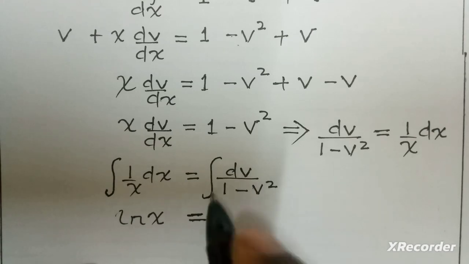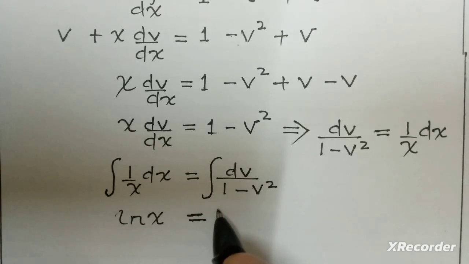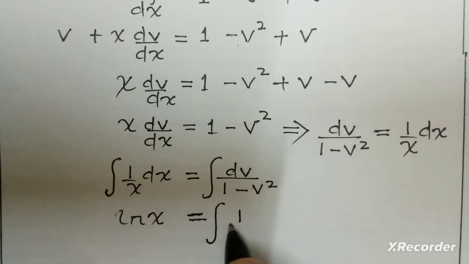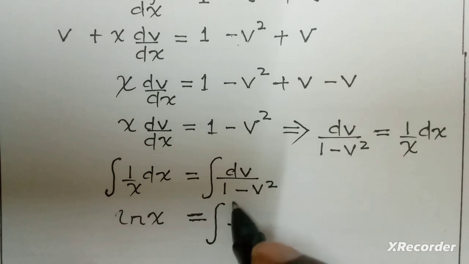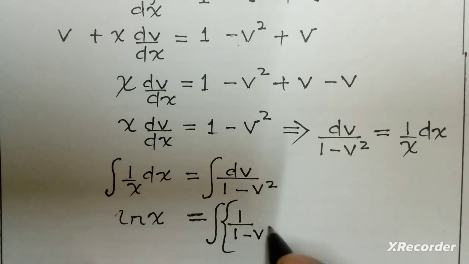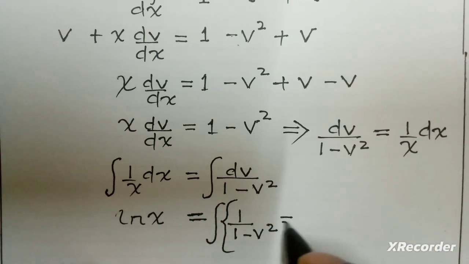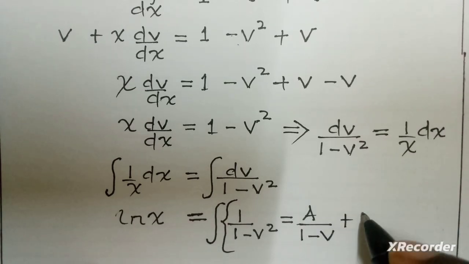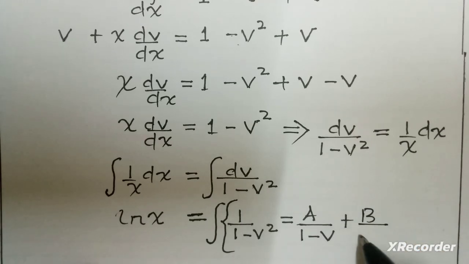Leaving out first, maybe you can put the integration there first, and then we can put here 1 all over 1 minus v squared. This one can be written as a over 1 minus v plus b over 1 plus v, like that guys.